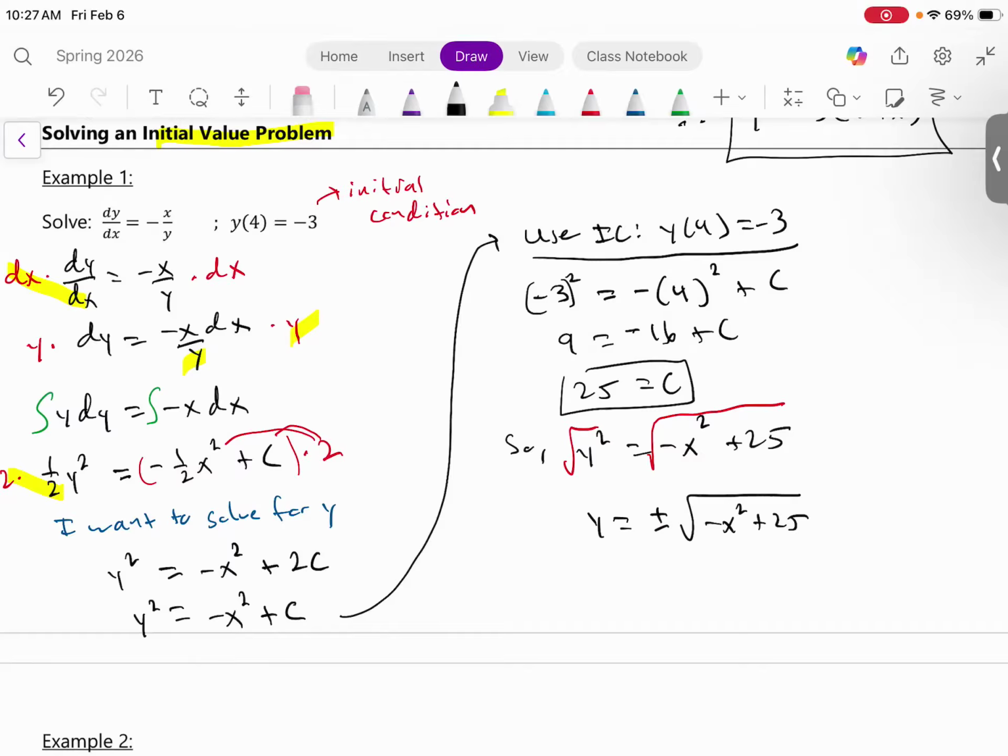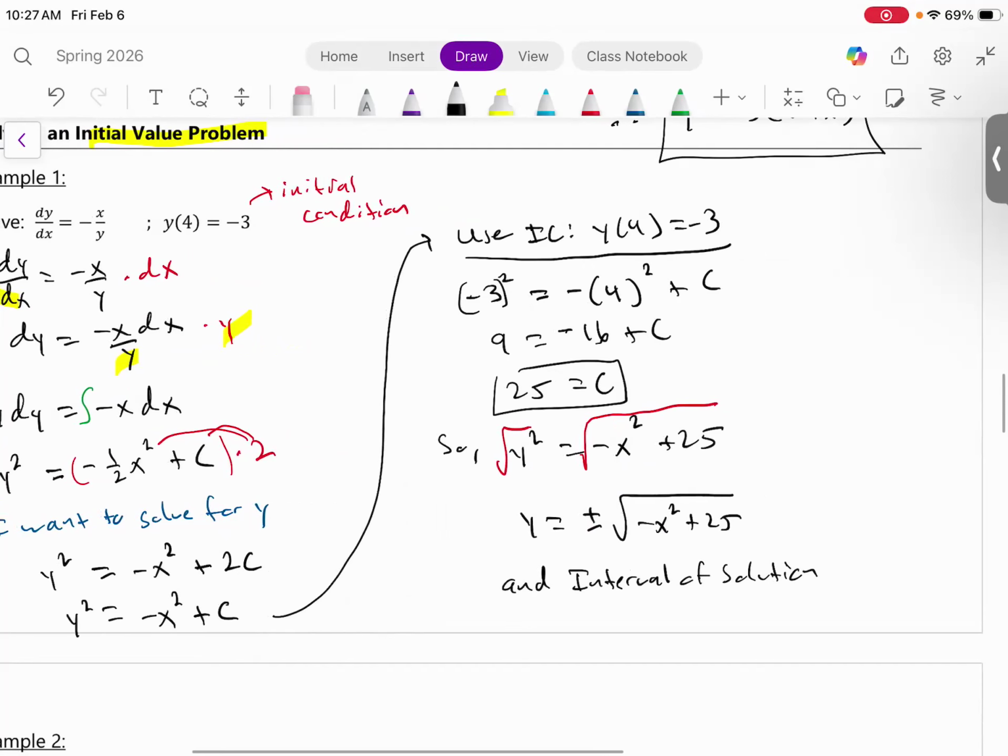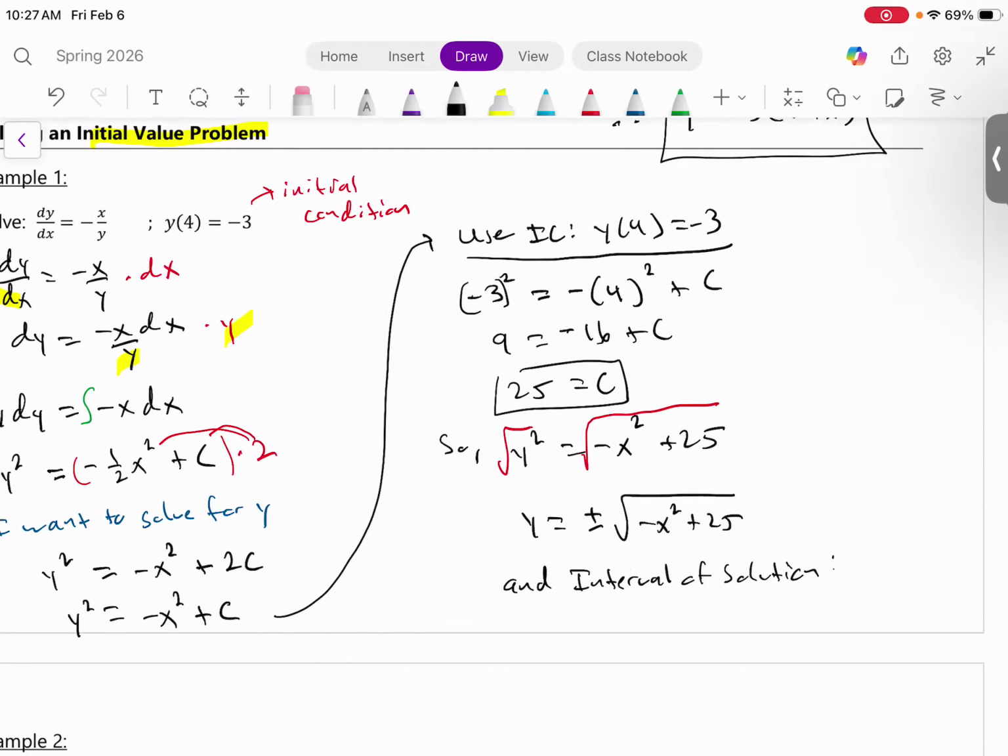And this is something we touched on before, that our interval of solution, we need to establish that because we have a square root here. We can't have any negative roots. It would be negative 5 to 5. So therefore, that's my final answer.